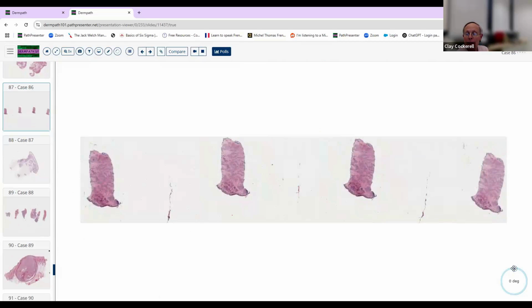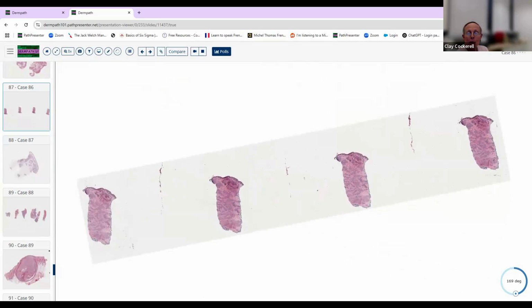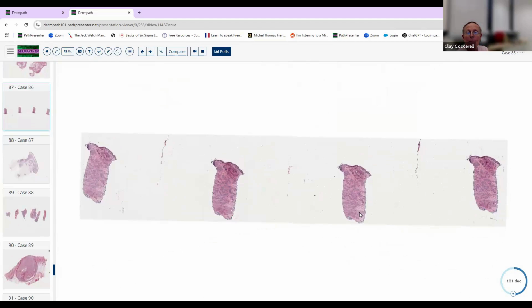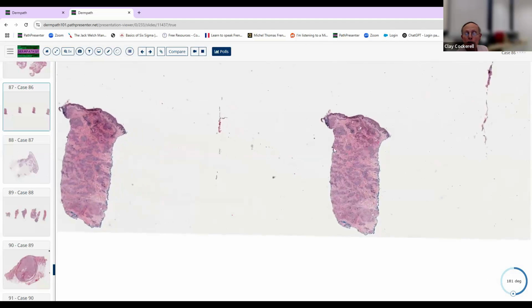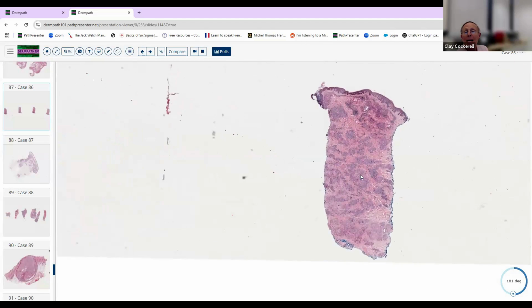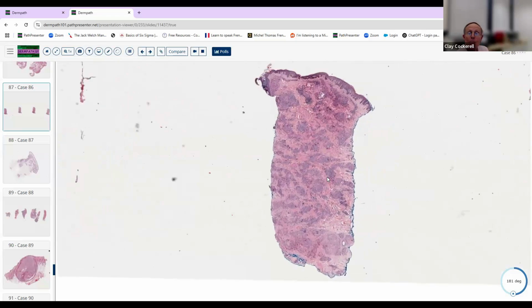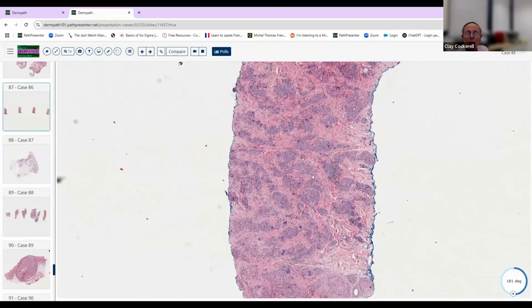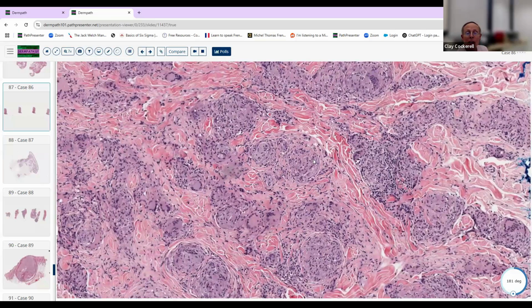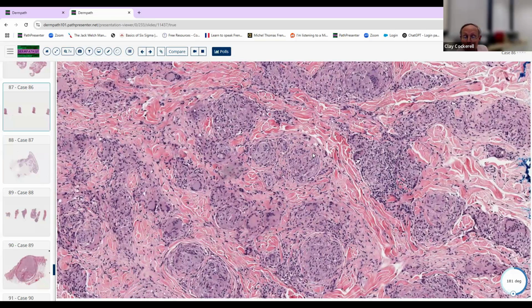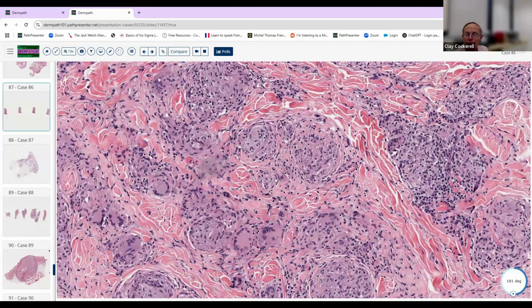All right. We're switching back to an inflammatory process here. Nodular dermatitis, diffuse, pale cells, histiocytes predominate, few lymphocytes, pattern of granulomatous inflammation, sarcoidal, classic example of sarcoidosis.